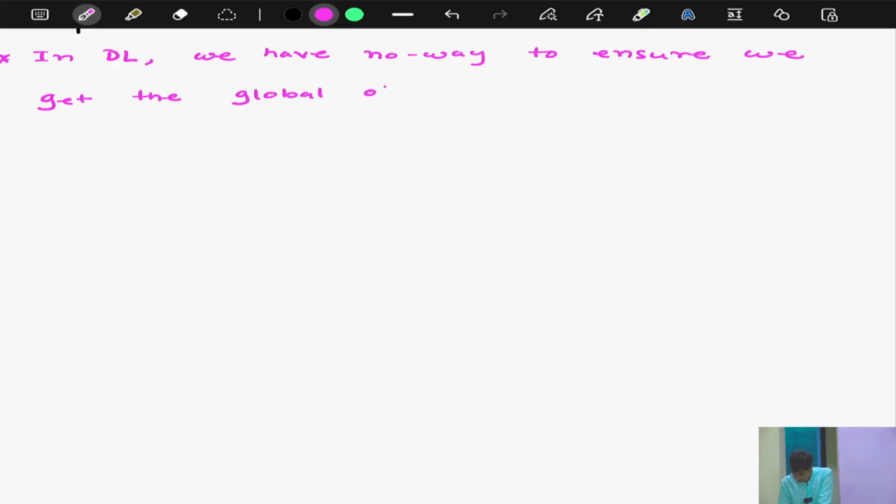So in deep learning, we have no way to ensure we get the global optima, or minima, whatever, which is why we have to work with local optima.